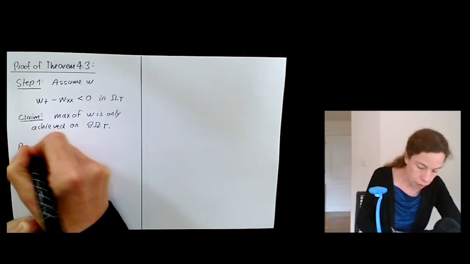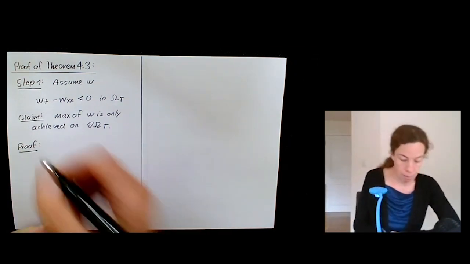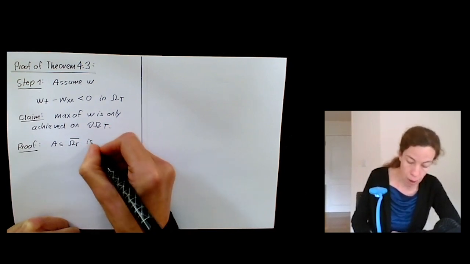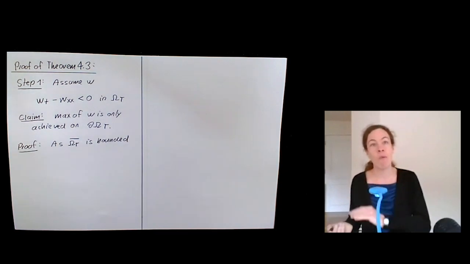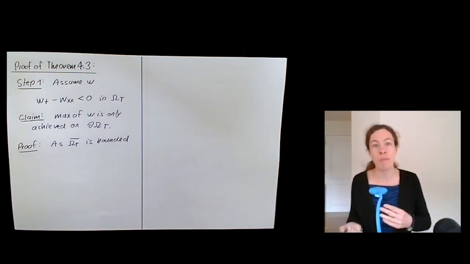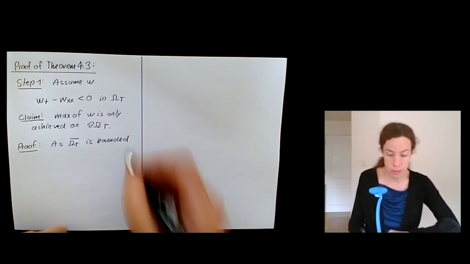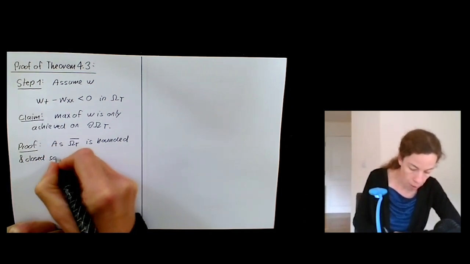So in order to prove this, well, let's first make sure we actually have a maximum. So let me note that as omega t closure is bounded. So in all of this, I've said omega is always a bounded domain, hence omega across a bounded time interval is also bounded in my space-time. I have the closure, so this is bounded and closed. So it's compact.